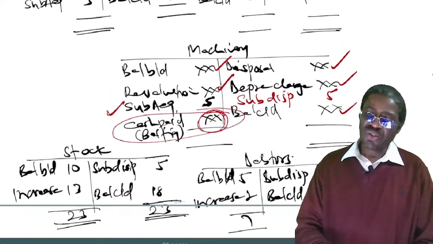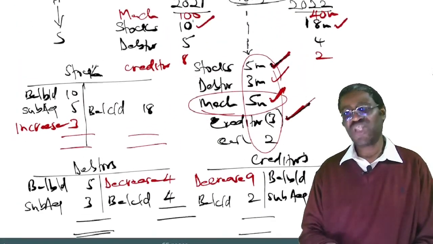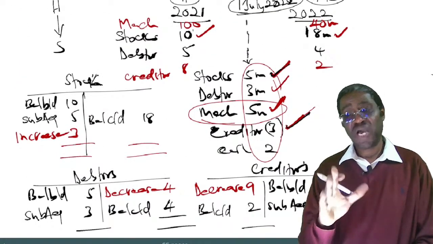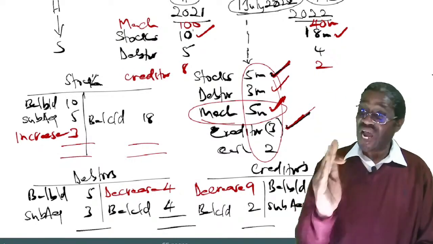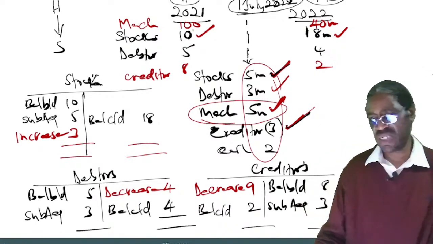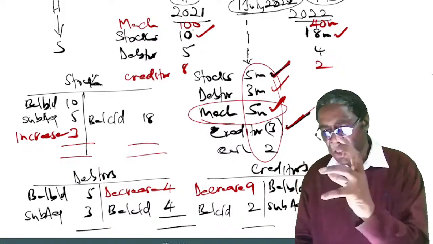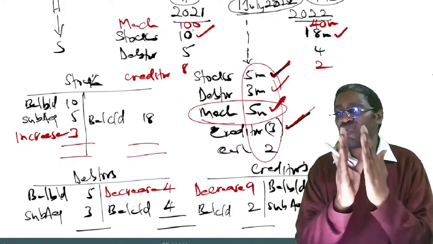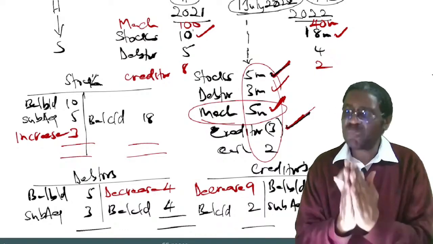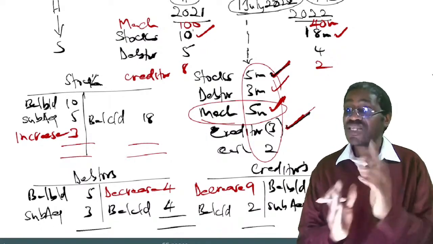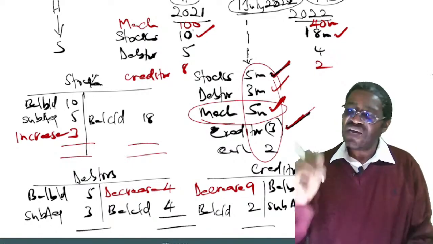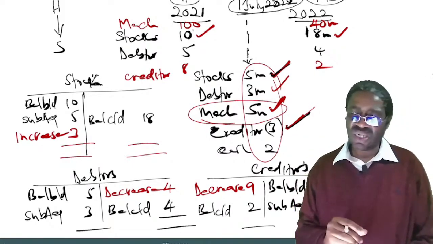I hope you have understood how to deal with the net assets of the subsidiary company at the date of acquisition or at the date of disposal. I hope you have noticed that if it's a question of acquisition, then any assets of the subsidiary company at the date of acquisition should be debited in the respective asset account.